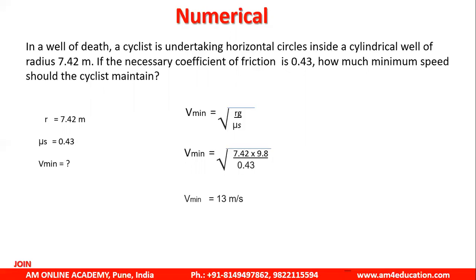If the speed goes below 13 meter per second, the vehicle will not be maintained in the horizontal track, it will have to take a lower circle, and then it will come to the ground. So minimum 13 meter per second is the required speed to maintain the vehicle in a horizontal track.